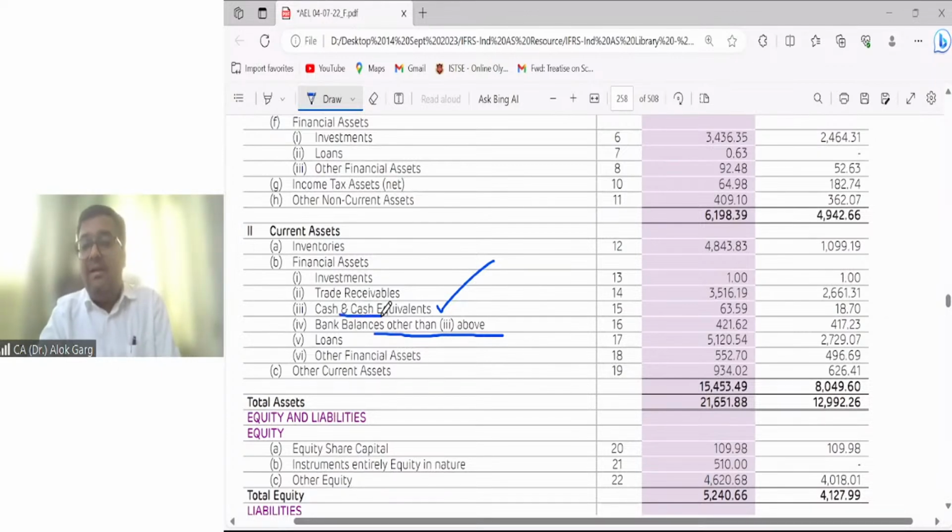But the deposits whose original maturity period was longer, but on the reporting date the remaining period is less than 3 months, will come under bank balances other than three above. But the cash equivalent where the original maturity period is up to 3 months will come in cash and cash equivalent. I hope it is clear now.